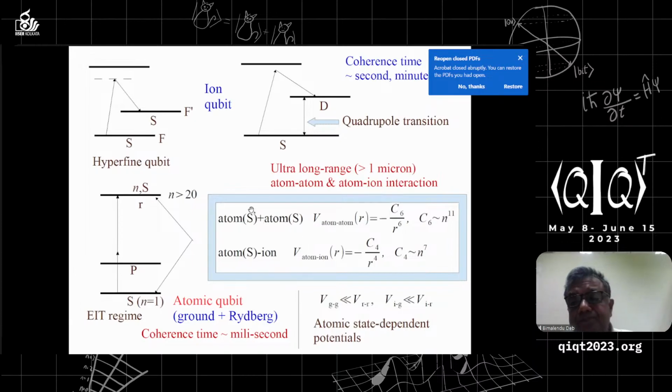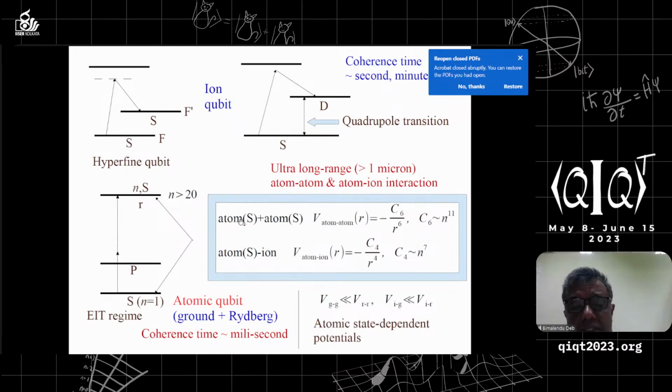One can then use the long-range interactions between the Rydberg atom and the ion to make gate operations or to generate entanglement between atom and ion.